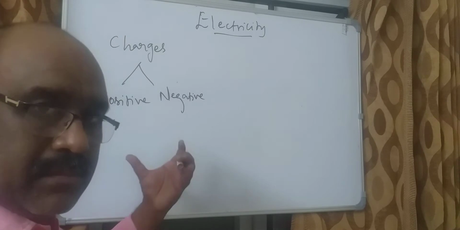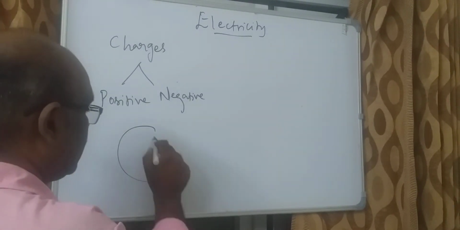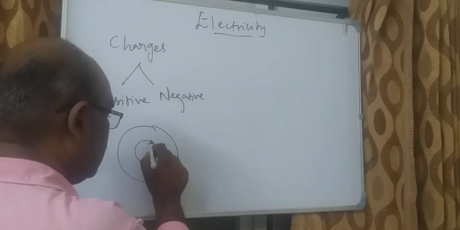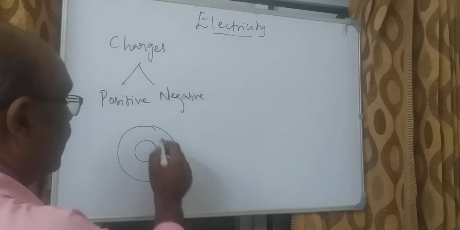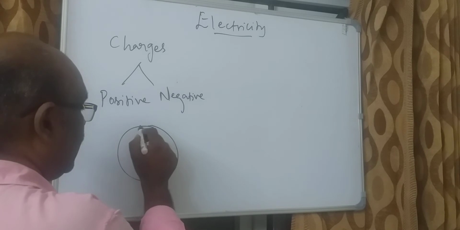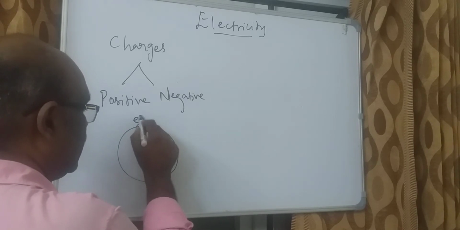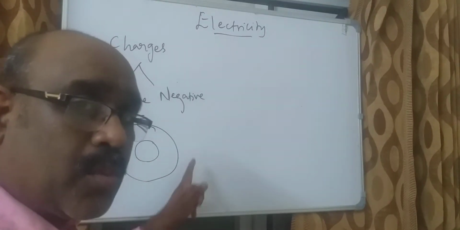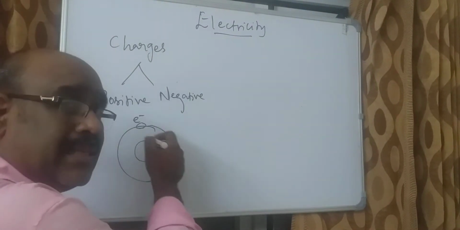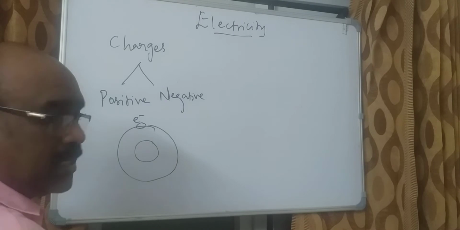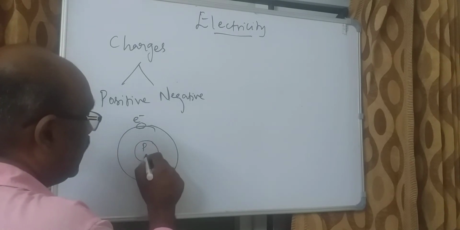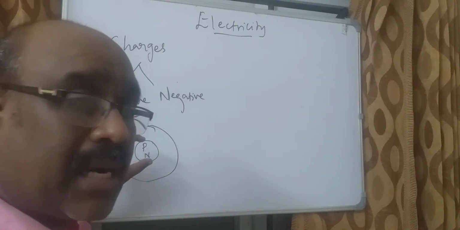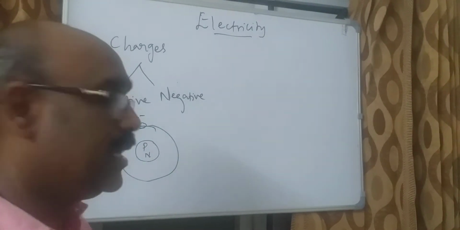If we take an atom, it has the nucleus, and the electrons present in the atom revolve in the outermost orbital. The electrons are negatively charged particles, whereas the proton and the neutron are embedded inside the nucleus, bound together there.